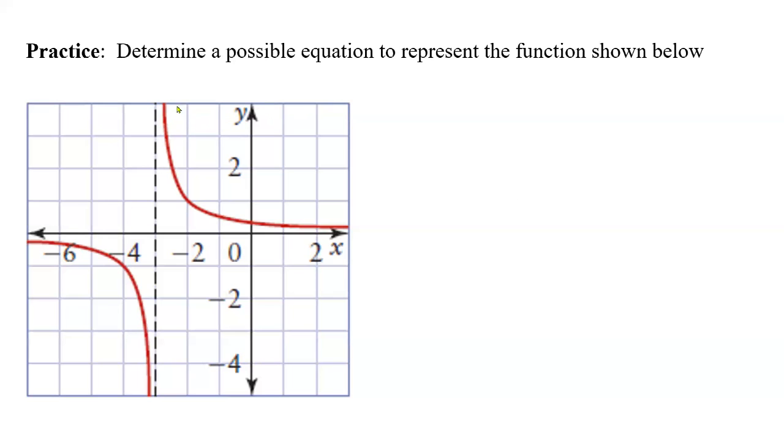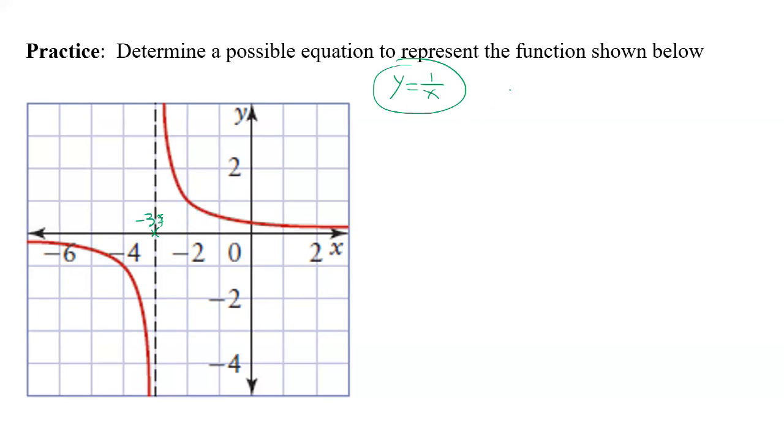Okay, so note that this function has a pattern similar to y = 1/x. The only difference is that this function seems to be translated left from that function. So this is -3 here.